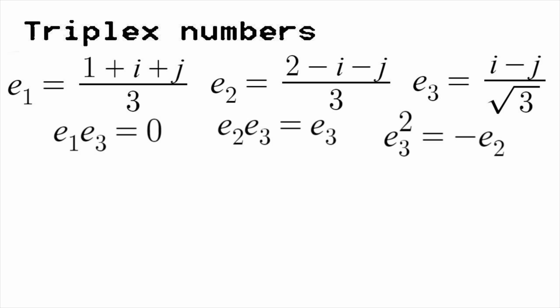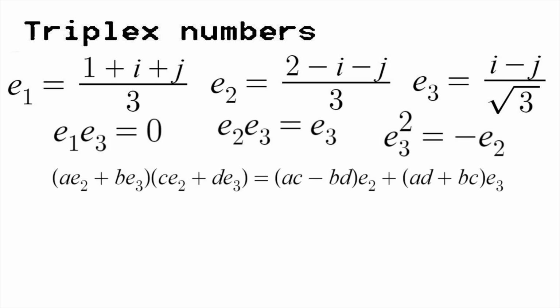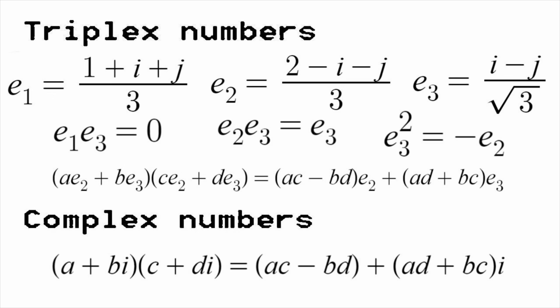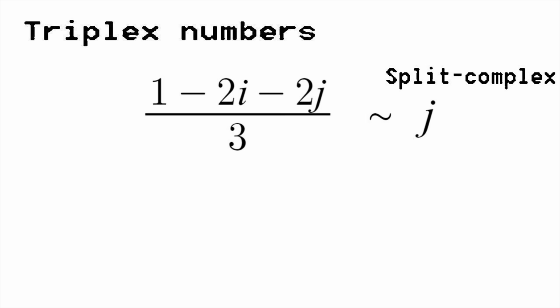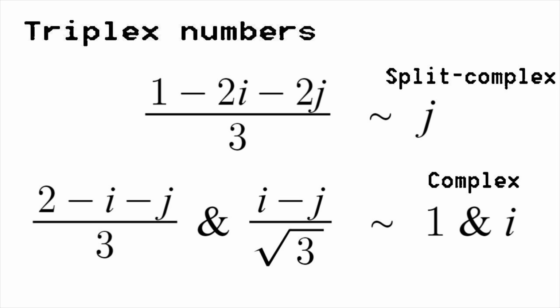To underline what just happened here, consider that (aE2 + bE3) times (cE2 + dE3) evaluates to (ac - bd)E2 + (ad + bc)E3. That's the multiplication rule for the normal complex numbers. The triplex numbers contain both the split complex and normal complex numbers.